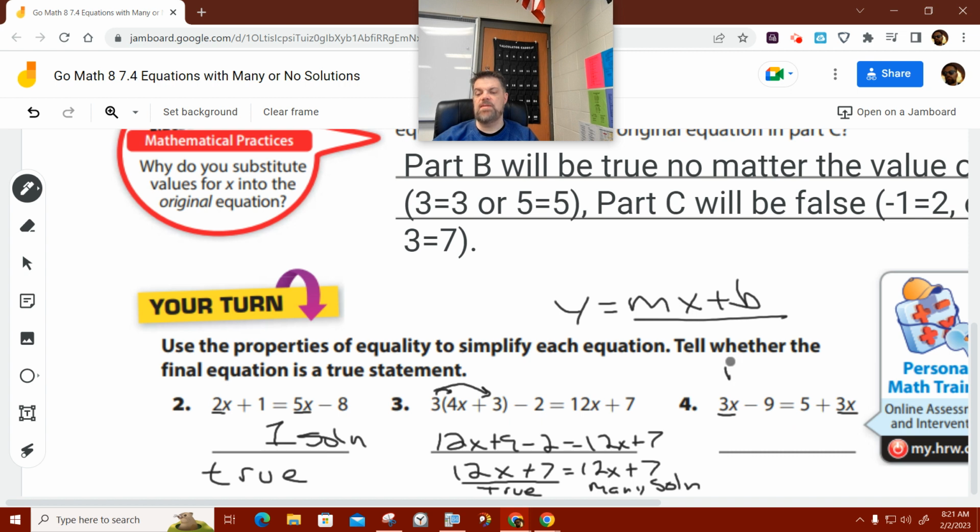When I have the same slope but different intercepts, that means they're parallel lines. So what do you know about parallel lines? They're never going to intersect, and this will be false. So it's false, so there are no solutions.